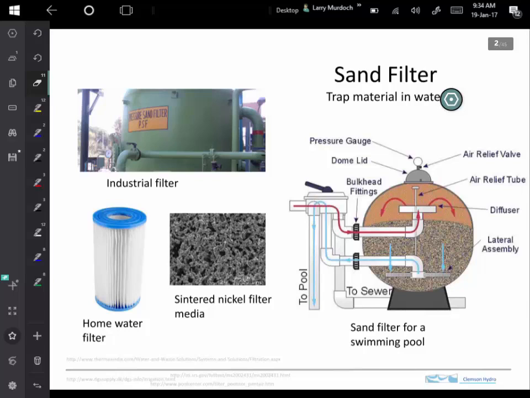So sand filter or perhaps other types of material. Here's a sintered nickel filter, and basically, you zoom in here and you see this structure of the material with some solids and pores and the fluids flowing through the pores. And here's kind of a more elaborate version of this that is used for water treatment.